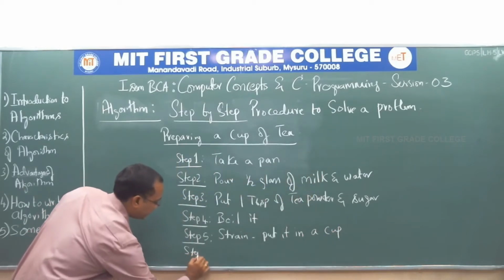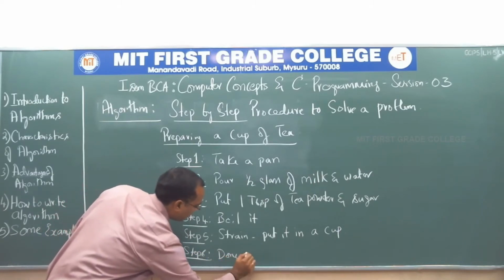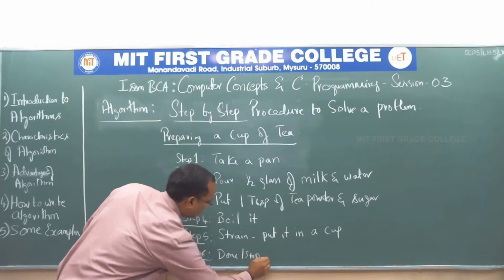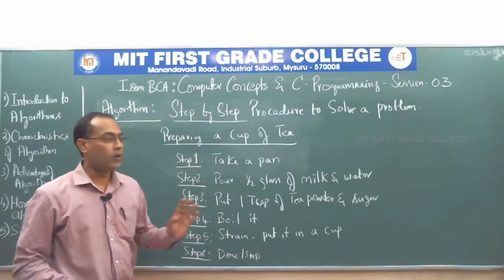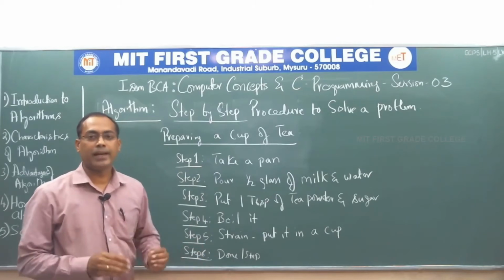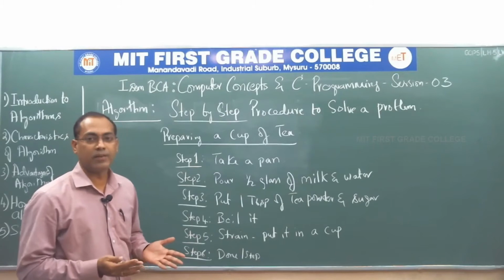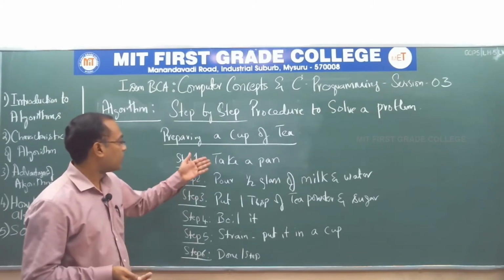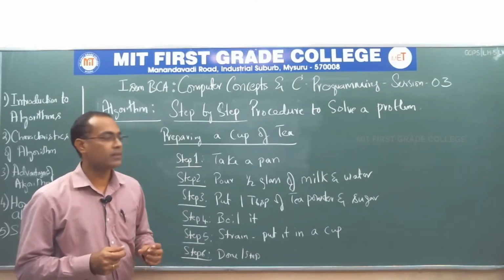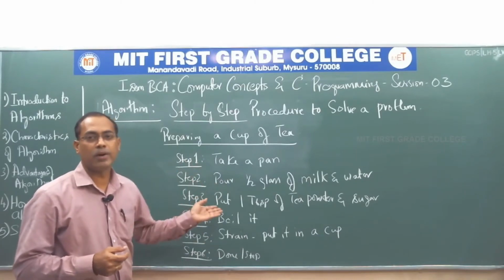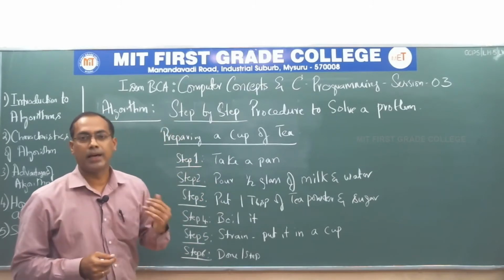And step 6, done, or you are done with preparing a cup of tea. So if anybody follows this procedure, they can prepare a cup of tea very easily, irrespective of the person. So these are nothing but you are representing a problem in the form of steps. This is the idea behind the algorithm.